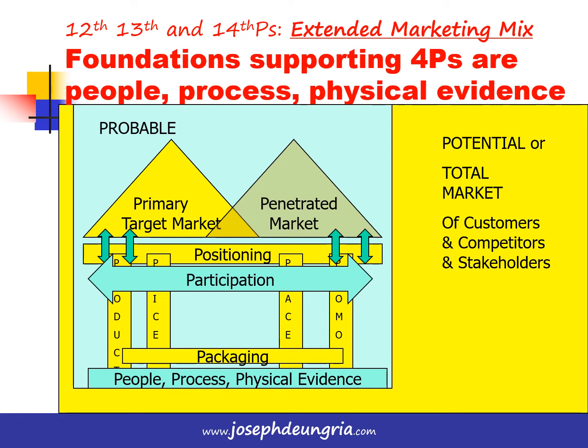What makes them stronger is the foundation of people following a process showing physical evidence that allows the delivery of the 4 Ps. So here at this stage, we now have 14 of the Ps with this diagram. So can you imagine from the first, the potential, the probable, the primary, penetrated positioning, and so on. So that's the first 14 Ps of this model.